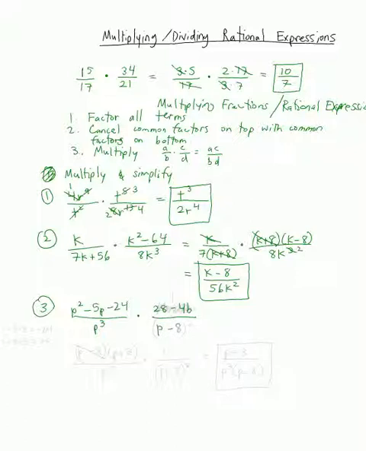Let me just finish writing this down. p minus 8 squared. Yeah, so I'm sorry about this. I think I wrote this problem wrong. I think I mixed up the next two problems that I'm going to do. So this should be 1 over p minus 8 squared. So this is my problem.